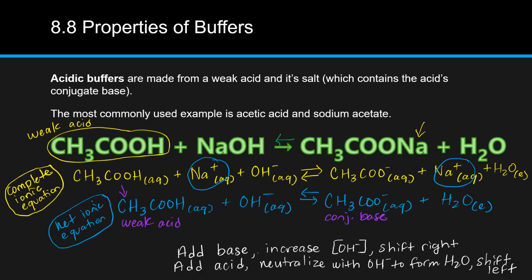So same concept, we're still shifting right if you want to think about it that way. Then with adding acid, which will react with our conjugate base to form more reactants, therefore shifting left. So either way you think about it, it's still shifting the correct way. It just kind of depends on how you would like to approach the process.